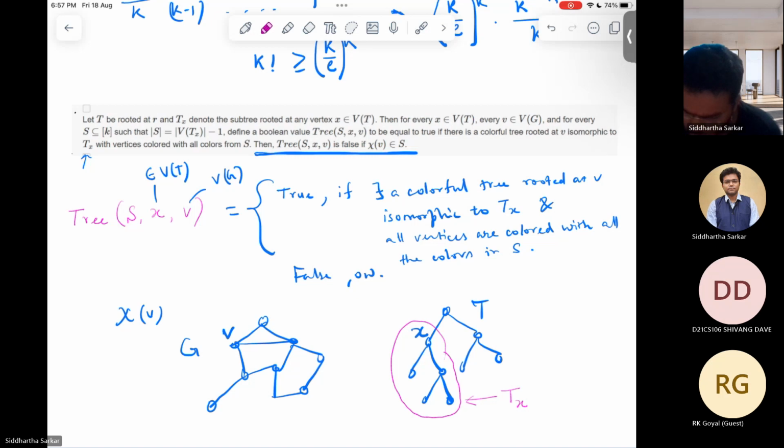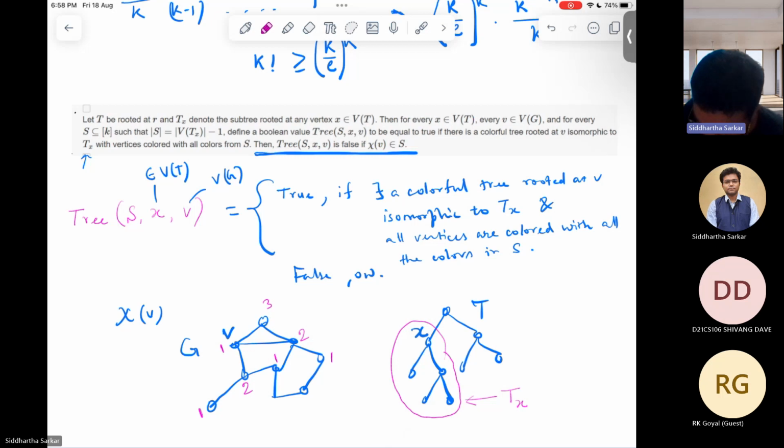So now we are asking, what is S? S is a subset of colors. So let us give the colors to the vertices. Let us say this is the coloring. This is 2, then this is 3. And this is 1, 2.